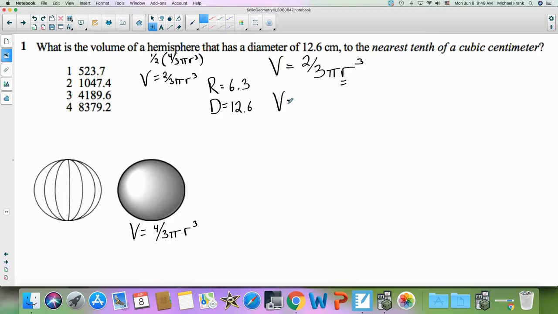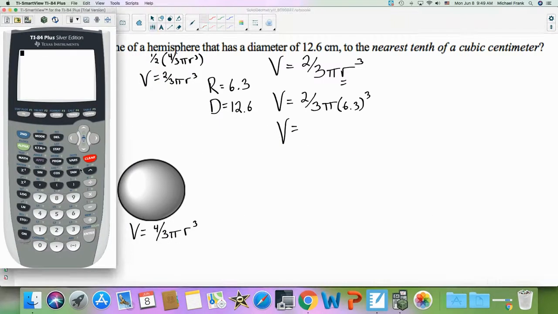So I'm going to come over here, substitute 6.3 to the third power, and I can see that they're not giving the answers in terms of pi. So I am just going to open up the calculator, go 2 divided by 3, which is how I do my 2/3, second power, which is my pi.